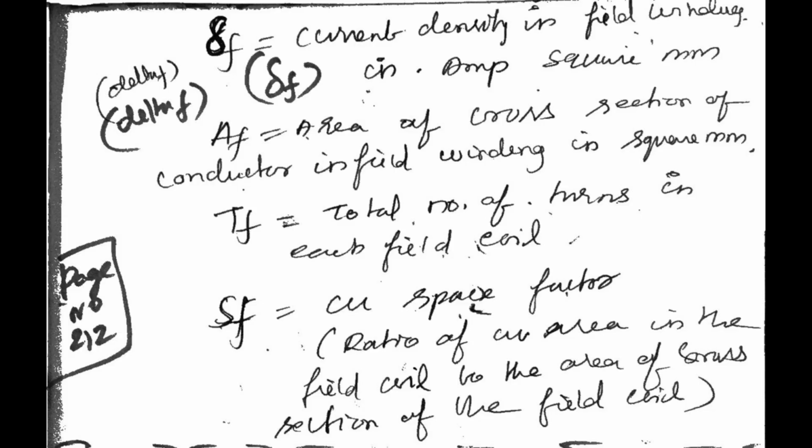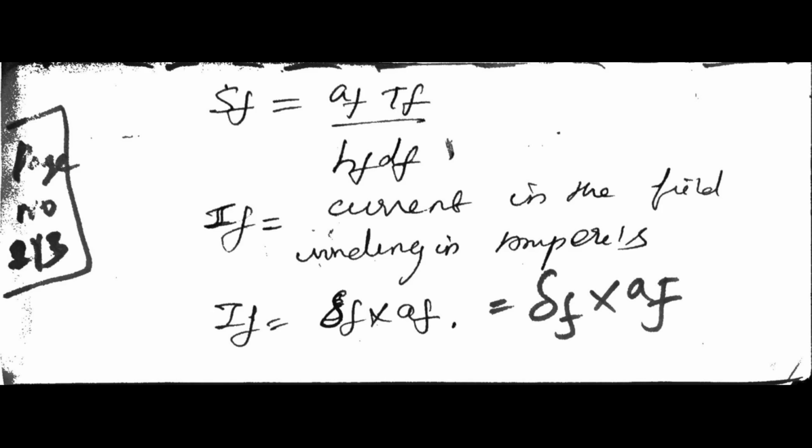Capital SF is the copper space factor, that is the ratio of copper area in the field coil to the area of cross section of the field coil. SF is equal to AF TF divided by HF DF. IF is the current in the field winding in amperes. Capital IF is equal to delta F into AF.